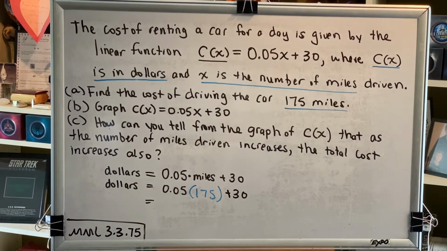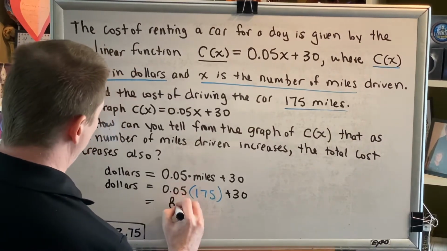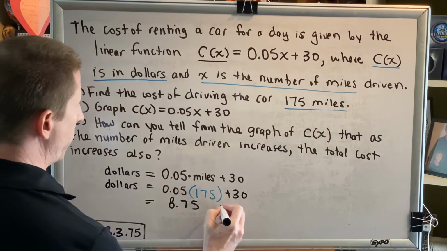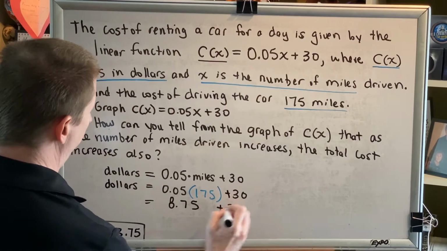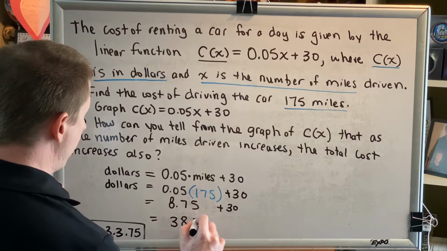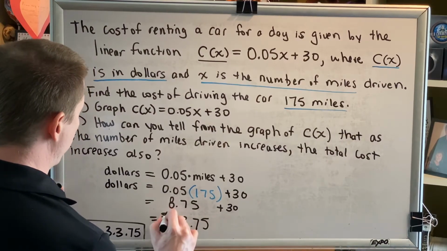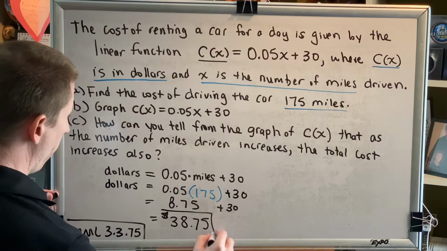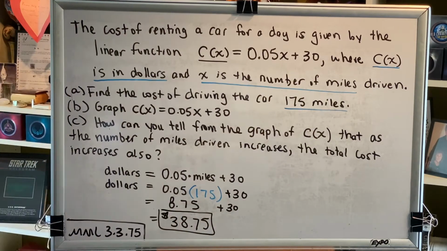The answer is 8.75. And then, of course, we still have the plus 30. Adding these together gives us the final total, $38.75. This is the answer to part A of this problem.